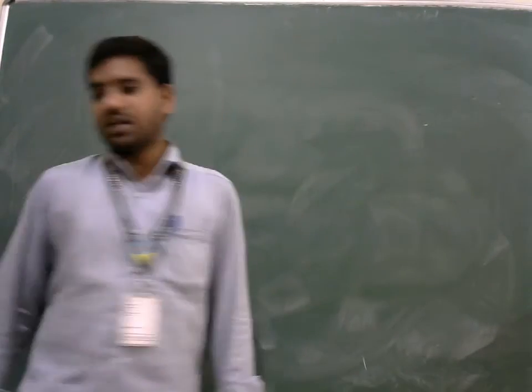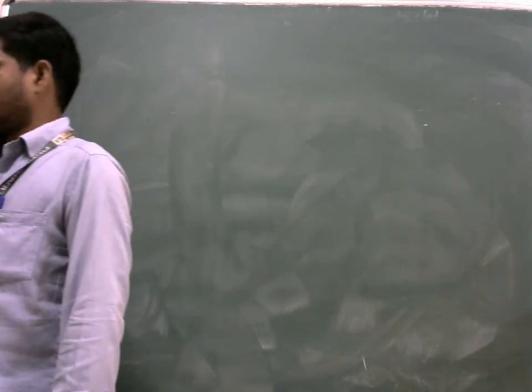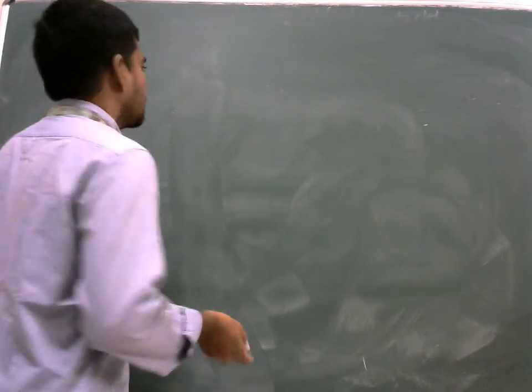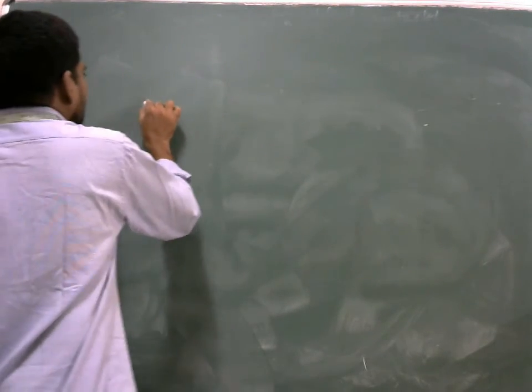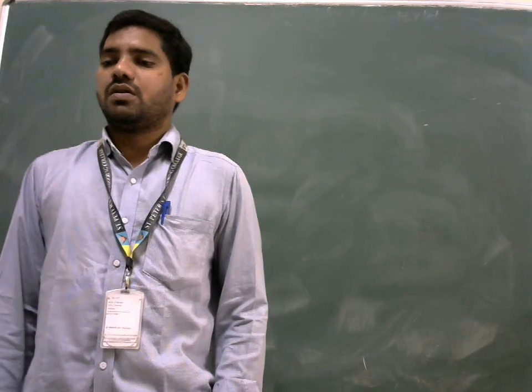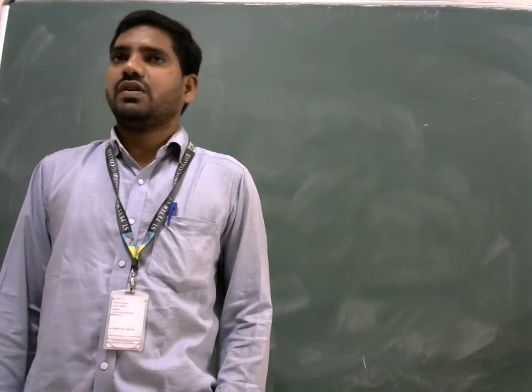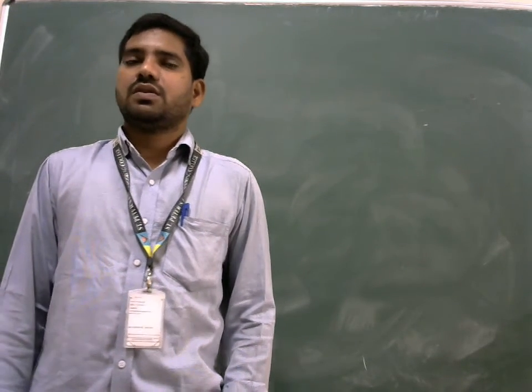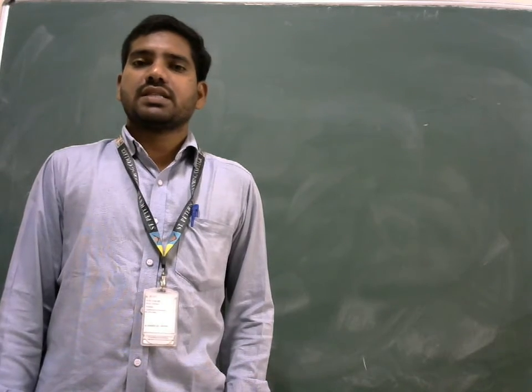Next, the last rule is the angle of departure and angle of arrival. Rule number 6. We discussed 5 rules. The first rule is the location of poles and zeros. The second rule is root locus on the real axis.